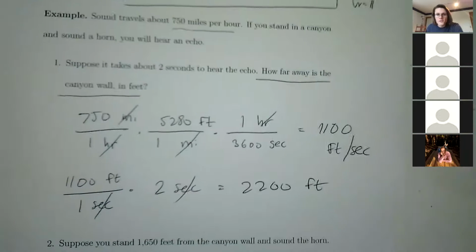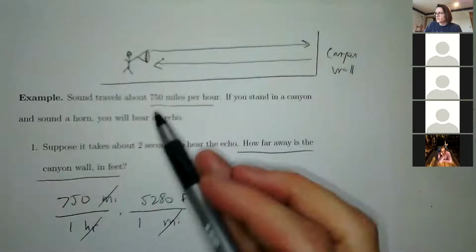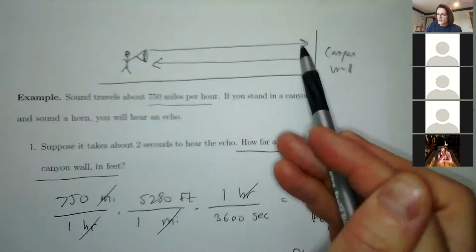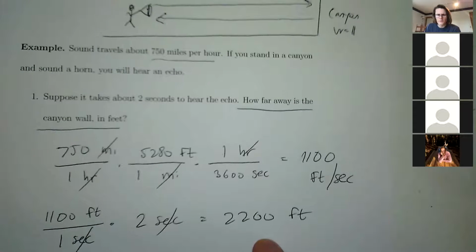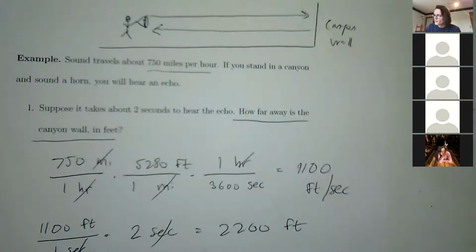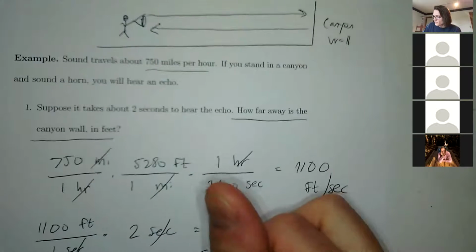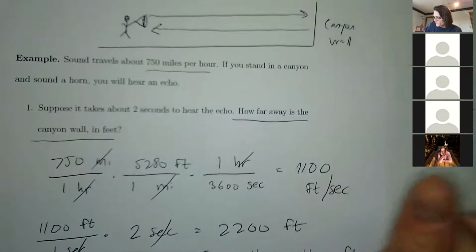So it travels 2,200 feet between you sounding the horn and it hitting the wall, echoing, and bouncing back. So the wall should be exactly half this distance, if that makes sense, right? Because it goes there once and it must come back. So it looks like it's 1,100 feet. So the wall is 1,100 feet away.